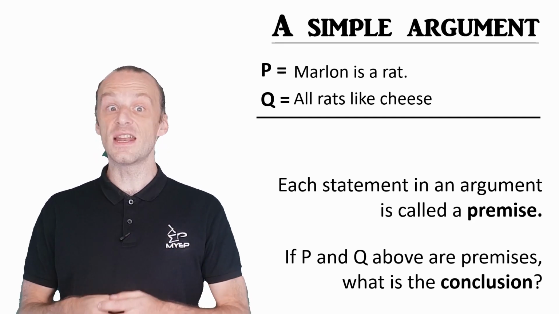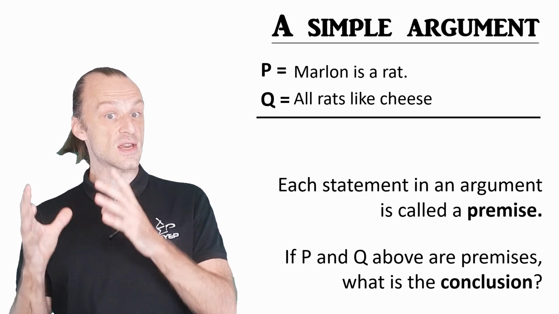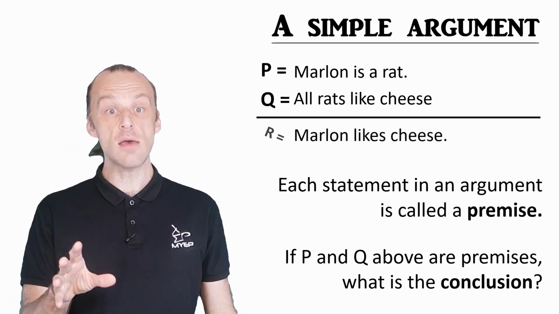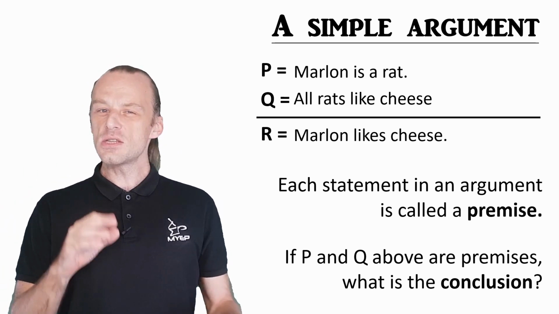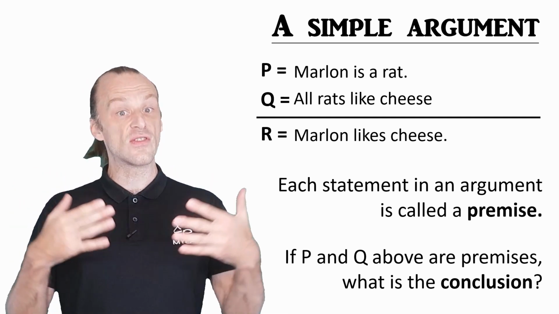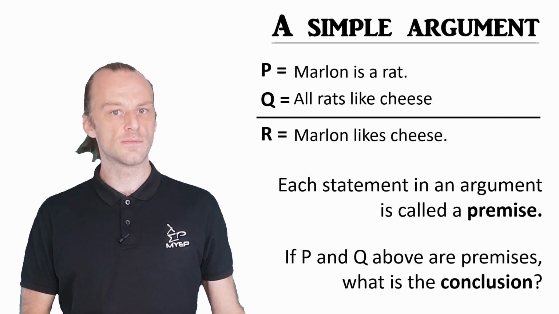But I'll tell you that if Marlon is a rat is true, and all rats like cheese is true, then we can conclude from our premises that Marlon likes cheese. We can call this R. This is almost too simple to be a real argument, but you can see the idea of connecting statements with logic to lead to conclusions.